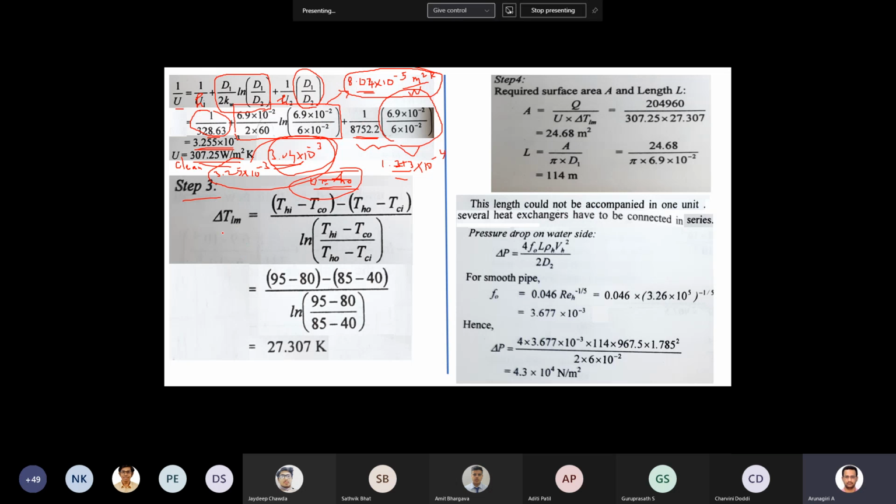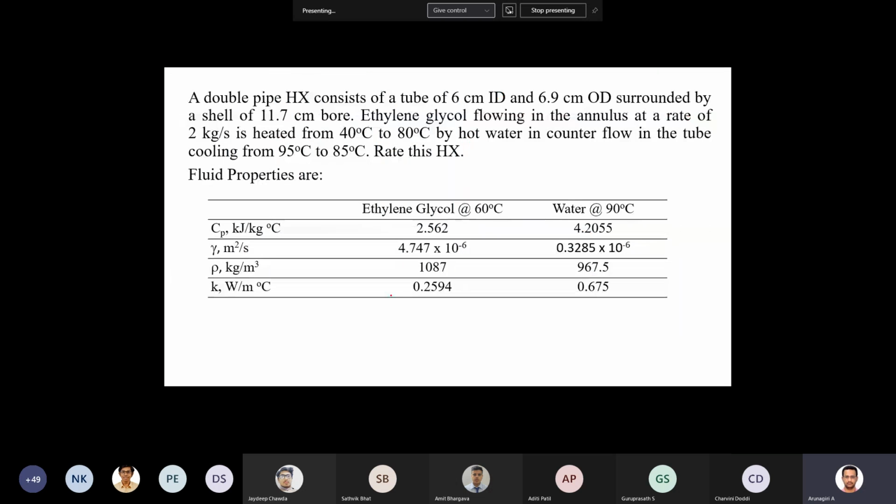So the next step is that you have to calculate the LMTD. Here you can check the AMTD also. The ethylene glycol temperature is 40 to 80. Your water temperature is 95 to 85. So at one end the value is 15 degrees centigrade. At the other end you have 85 minus 40, that is 45 degrees centigrade.